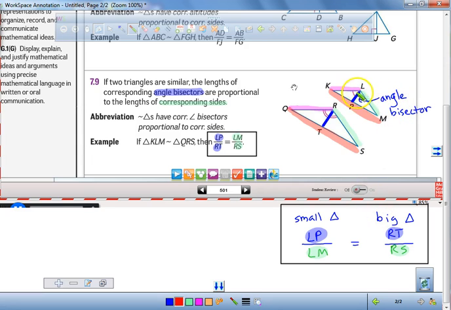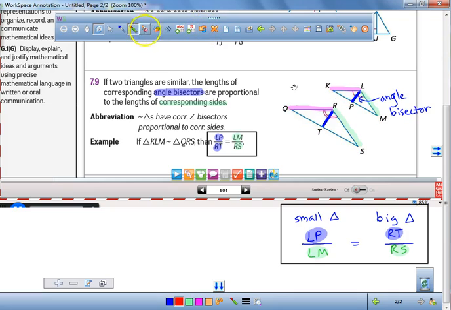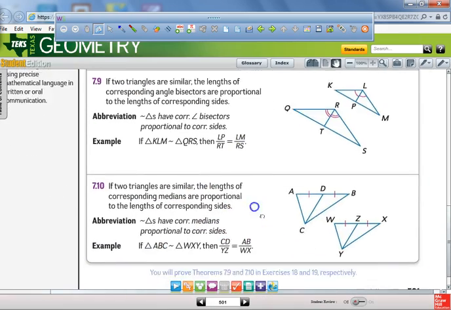So you could compare blue to blue to green, or blue to blue to purple, or blue to blue to red. It doesn't matter which ones you use as long as you're using the same corresponding side. So remember that.